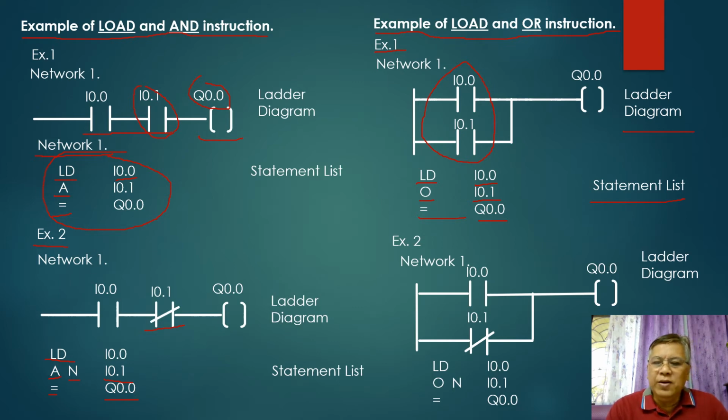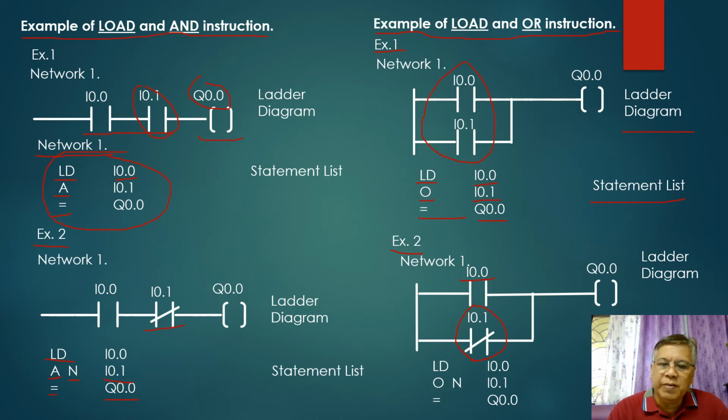Another example is example number 2, wherein I0.1 is normally closed but again connected in parallel with I0.0.